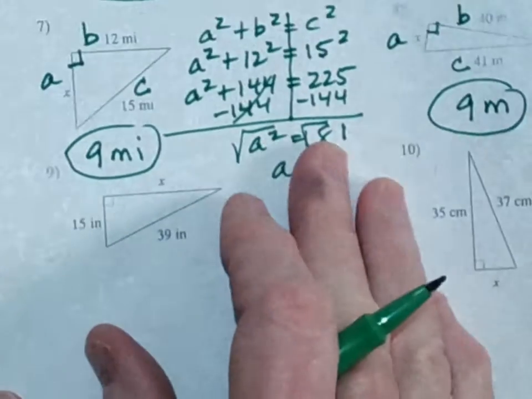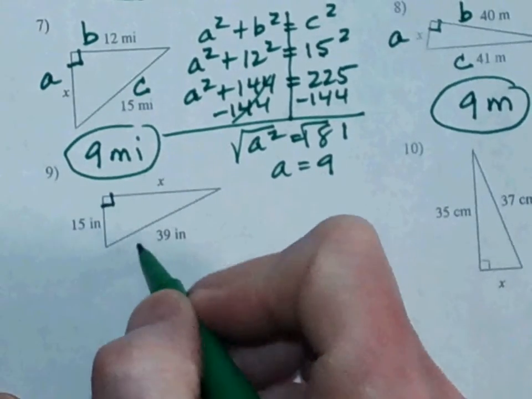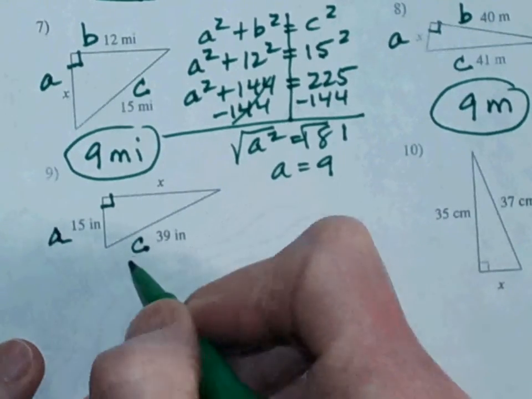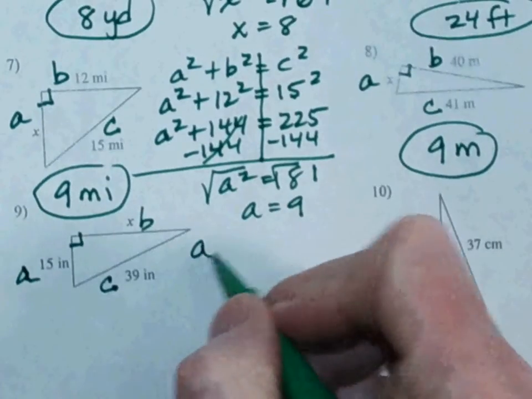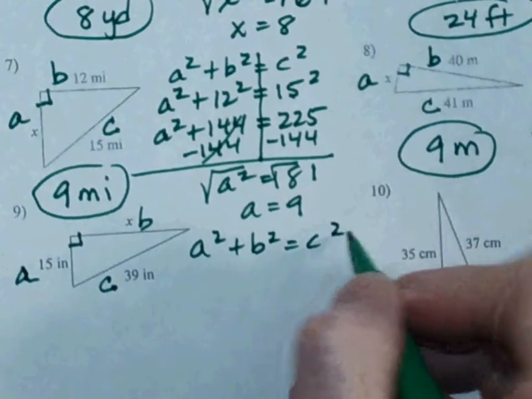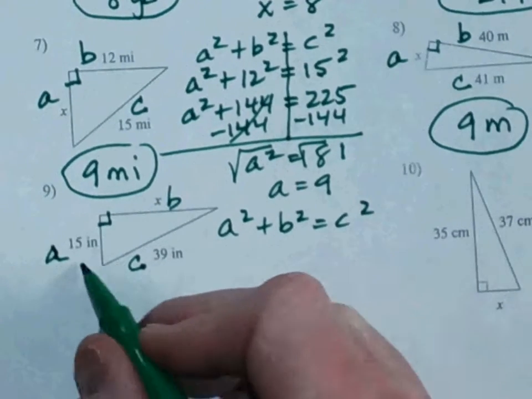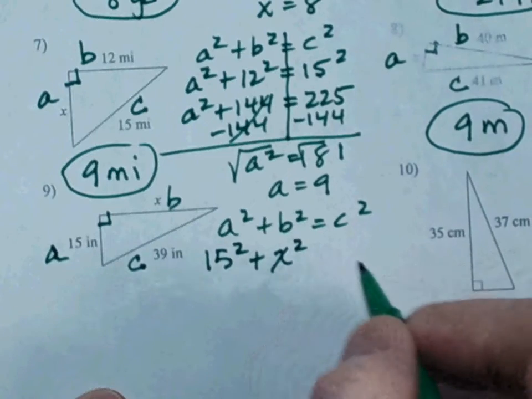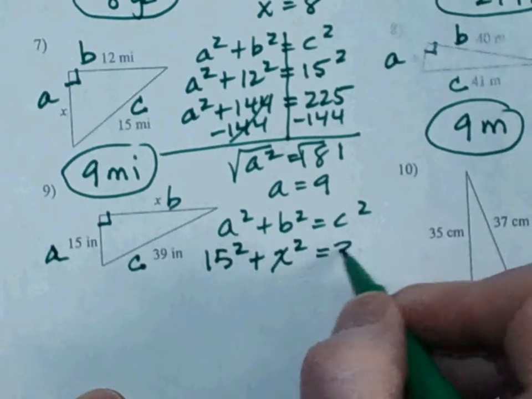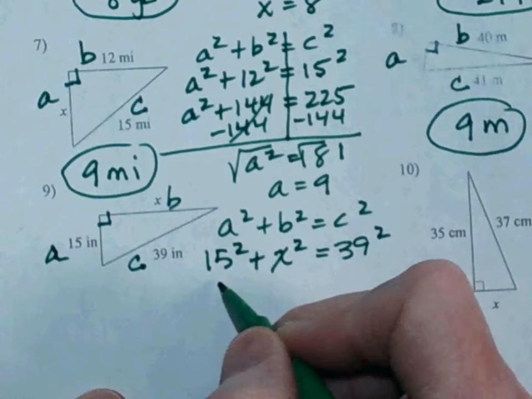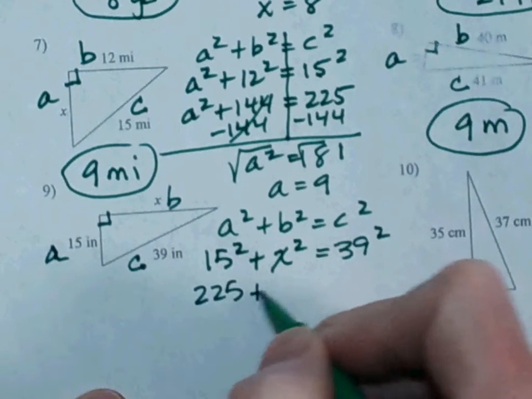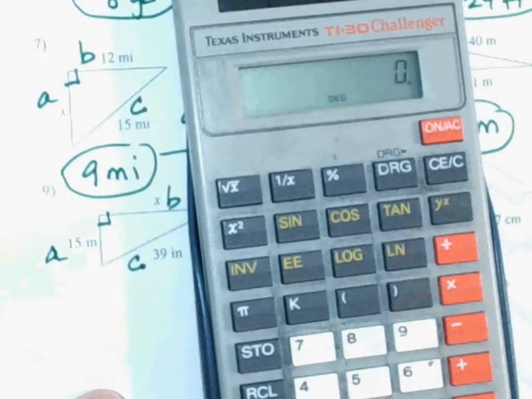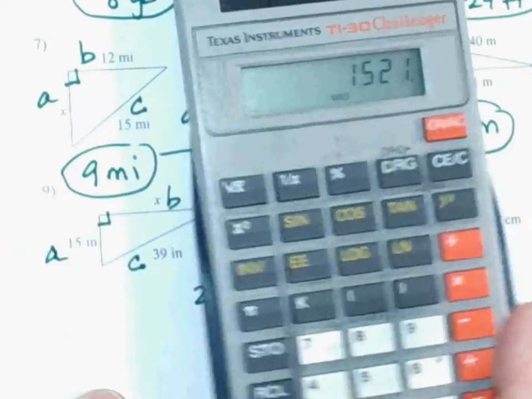Alright. Right angle. Opposite is the hypotenuse, so I know that's A, or C, sorry, this is A and this is B. A squared plus B squared equals C squared. My A is 15, square that. My B is unknown, I'll say it's X. My C is 39. I happen to know that 15 times 15 is 225. 39 squared I do not have memorized. 39 squared is 1521.